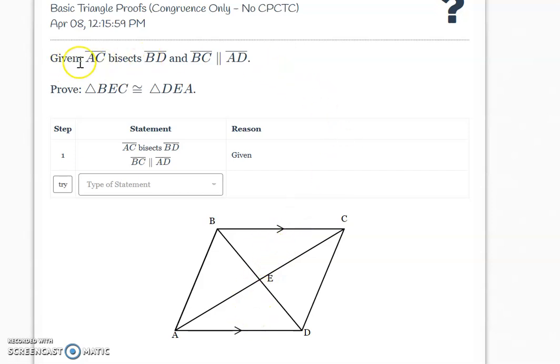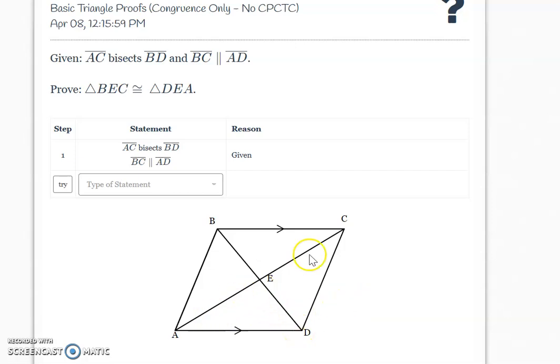All right, well, let's see what we know. AC bisects BD. So AC, which is that segment right there, bisects BD. Okay, anytime we talk about bisecting, that means it cuts it in half. So AC cuts in half this segment right here, BD.